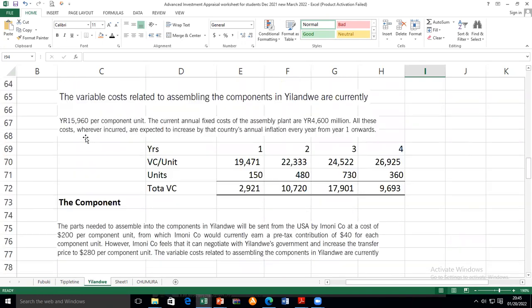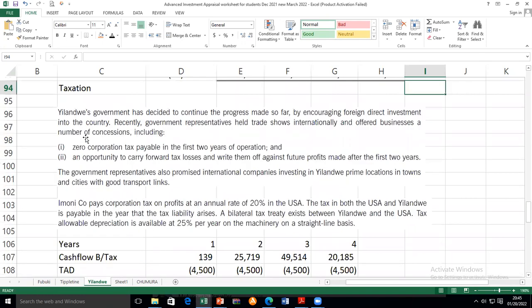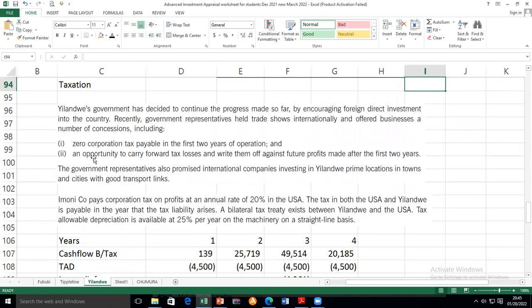So let us look at our working for tax. The issues here that we had was zero corporation tax payable in the first 2 years, so there's no tax. An opportunity to carry forward tax losses made after the first 2 years.